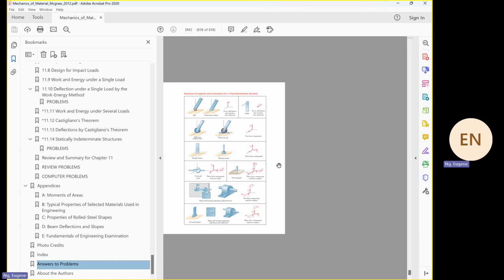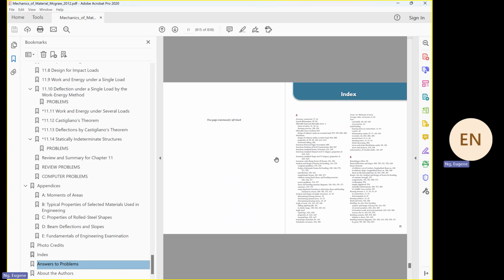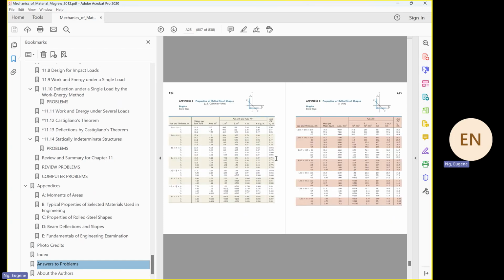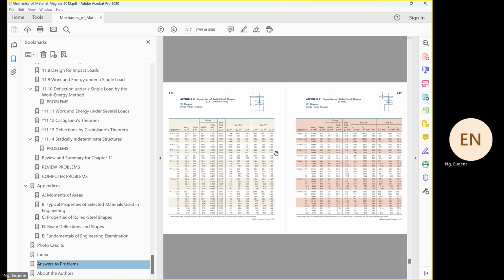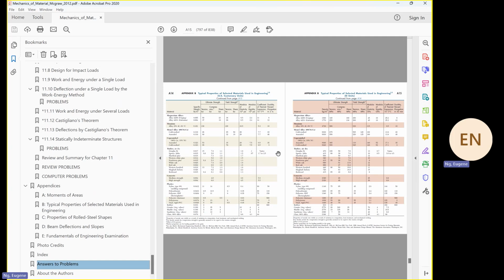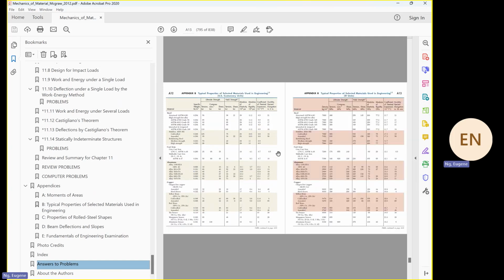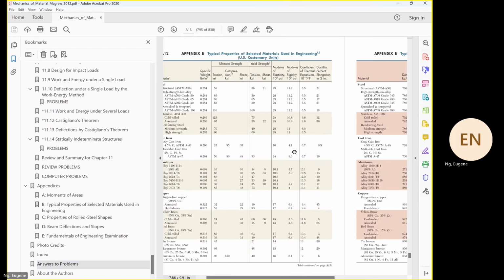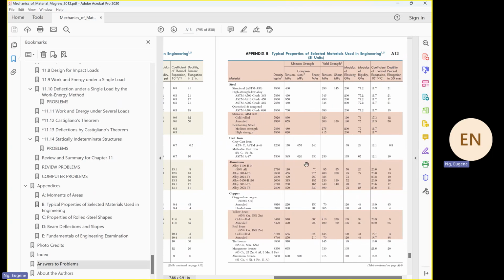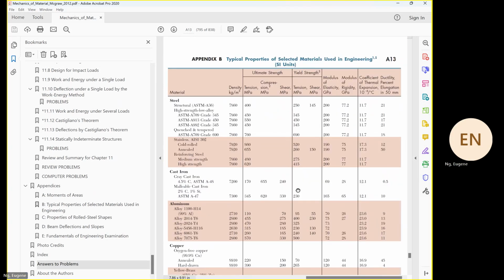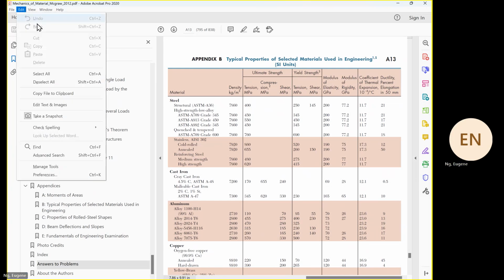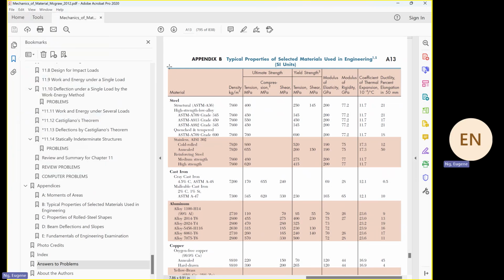If you look at the last page, I'm going to copy and paste this page, okay? So if you look at, okay, these are materials now. If you look at this material over here, let's go for standard stuff like this, and I'm going to take a snapshot.